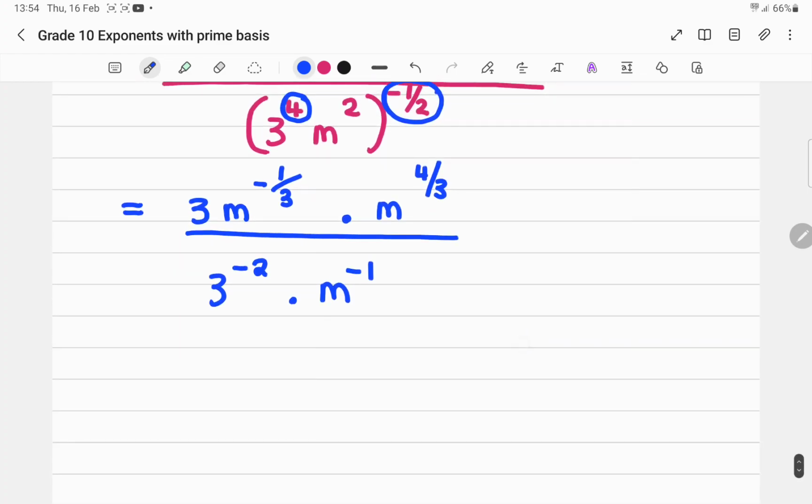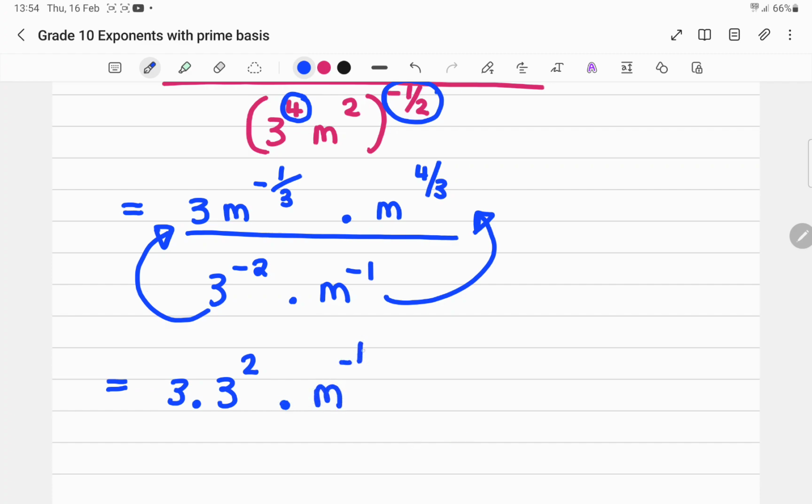Okay, so now can you see that the 3 and the 3 will cancel out? No, sorry. That 3 is to the power negative 2. So I'm going to bring it upstairs as well as the m, so that I'm left with positive exponents. So it's going to be 3 times 3 to the power of 2, that one that went upstairs, times m to the power negative a third, times m to the power 4 over 3, times m to the power, and when it came upstairs it became a 1.